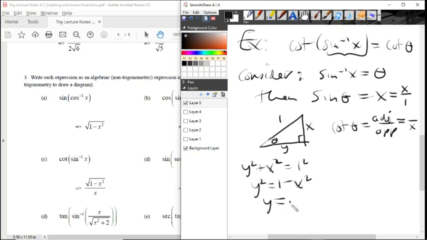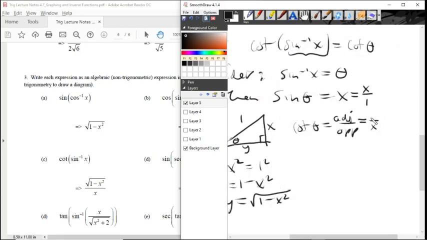So y is equal to the principal square root of 1 minus x squared, only the principal square root because y must be positive. It's a distance. So the adjacent side is the square root of 1 minus x squared. The cotangent of theta is equal to the square root of 1 minus x squared over x, and that's exactly the answer we have on the worksheet.